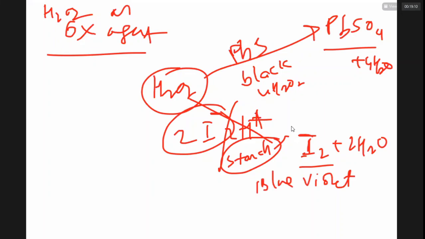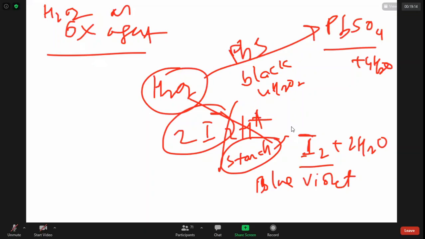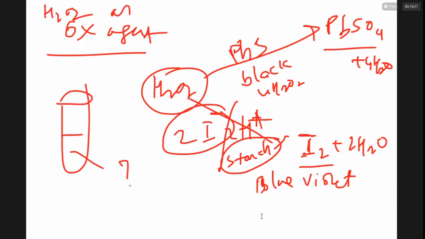In fact, adding starch, H2O2 and KI is a test for H2O2. In this test tube, somebody says, do I have H2O2 or water? Then to check, what you do is, you add a little bit KI and a little bit acid and starch.